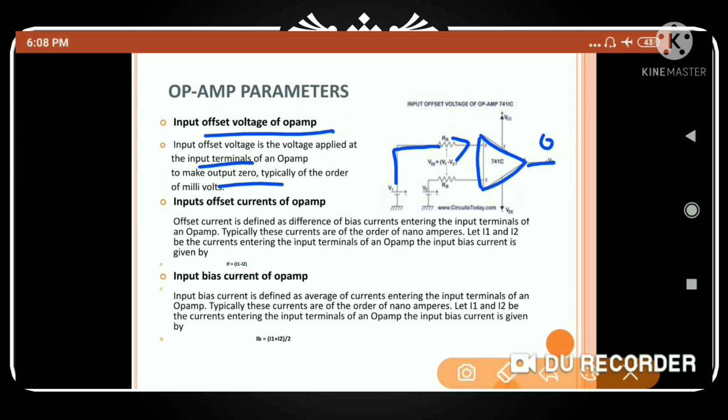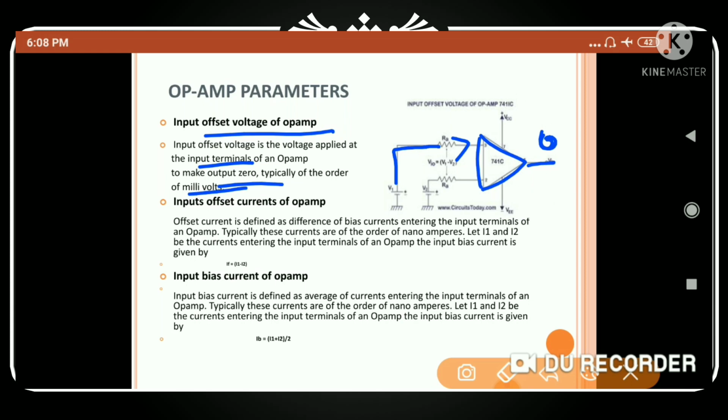When we apply the input, at that time we have to get 0 output, and that input is in the form of millivolts. Whatever input we give in millivolts, we will get the output as 0. This is known as the input offset voltage of an op-amp. It must be 0 output, and we have to give the inputs to the op-amp in the form of millivolts.